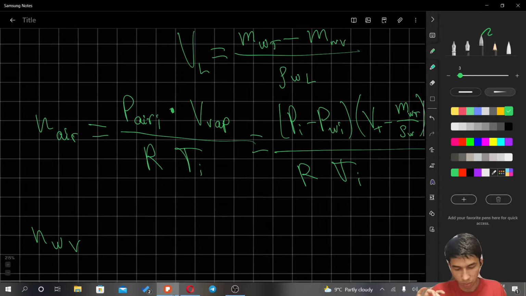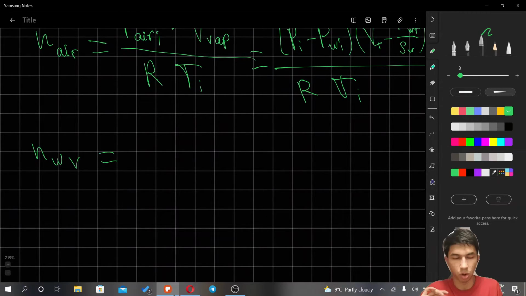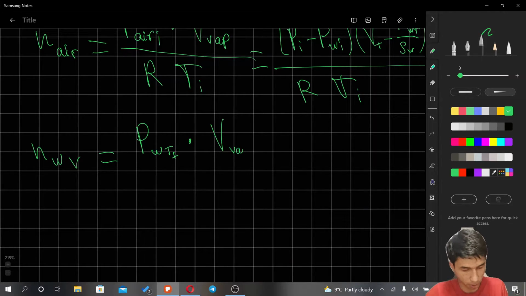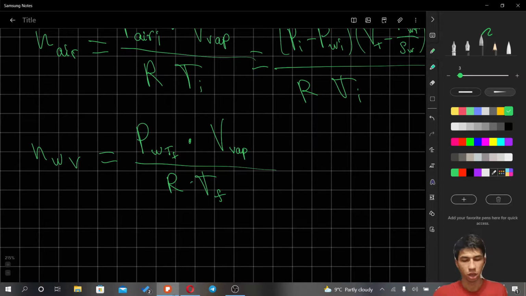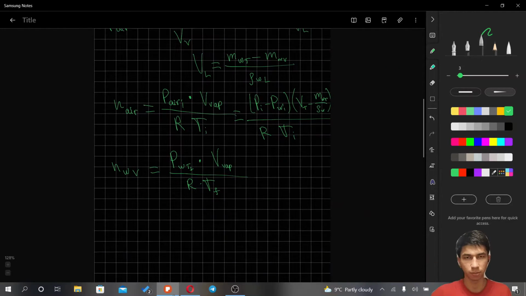And as it would also be an ideal gas, we can say that it would equal the partial pressure of the water at final temperature multiplied by the volume of vapor, divided by R and temperature final. So we have our next equation.